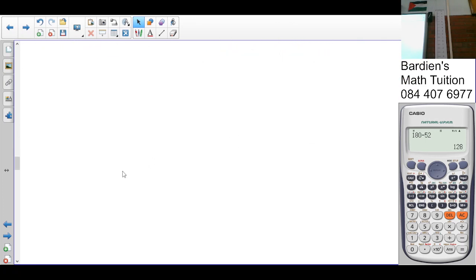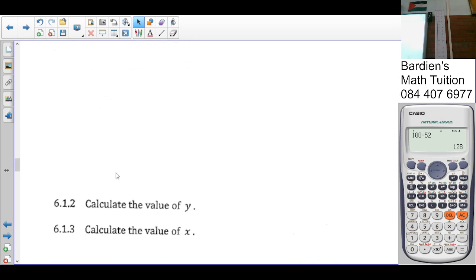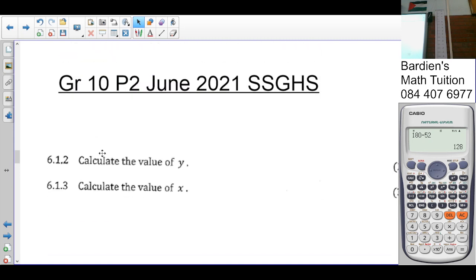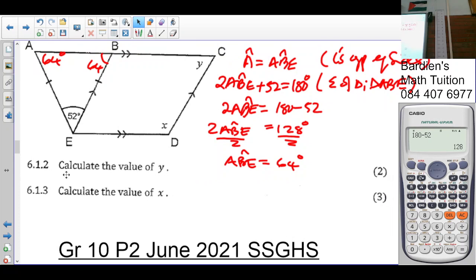Next question, calculate the value of y, for 2 marks. We know that this is a parallelogram, so y is the same as that angle. Firstly, the angle I marked here is also 64.